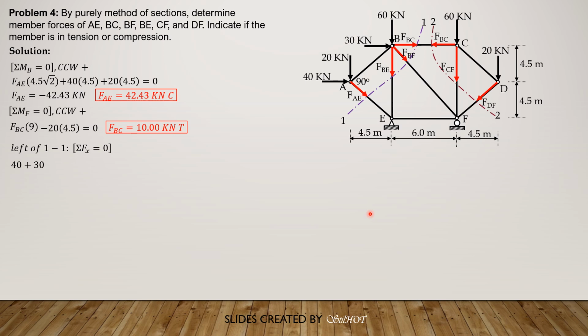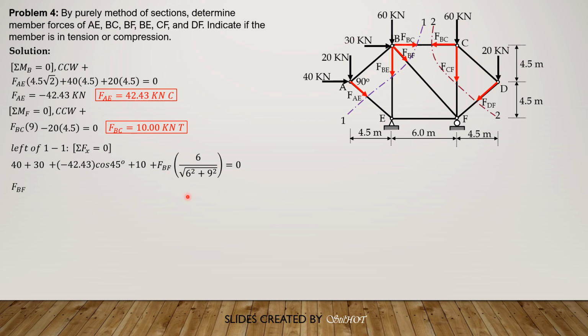So 40 rightward plus 30 rightward plus FAE, which is negative 42.43 cosine of 45 plus FBC, which is 10, plus FBF times 6 over square root of 6 square plus 9 square equals 0.